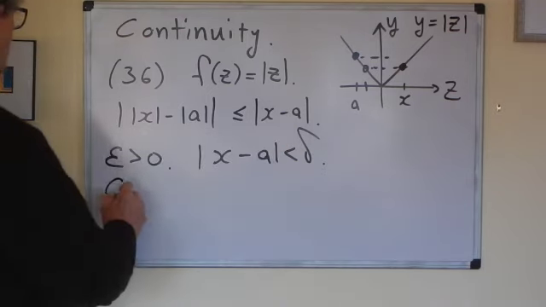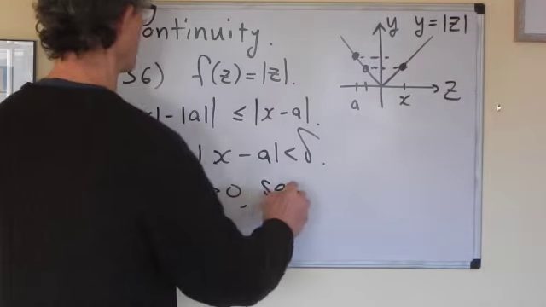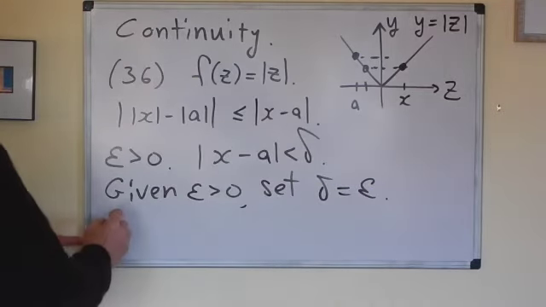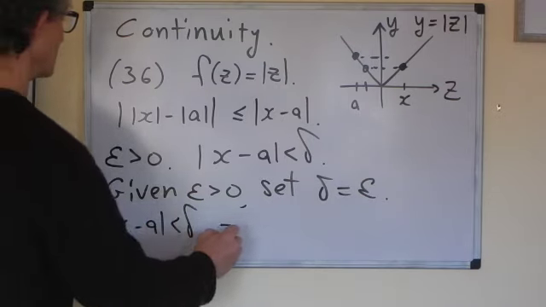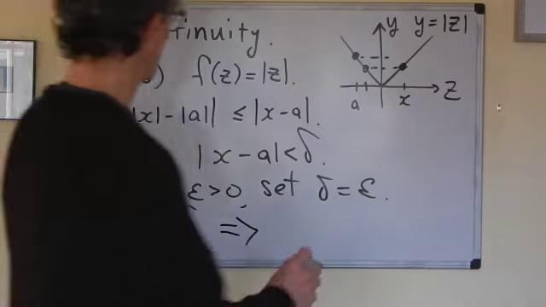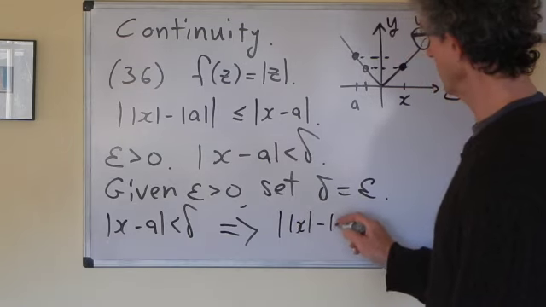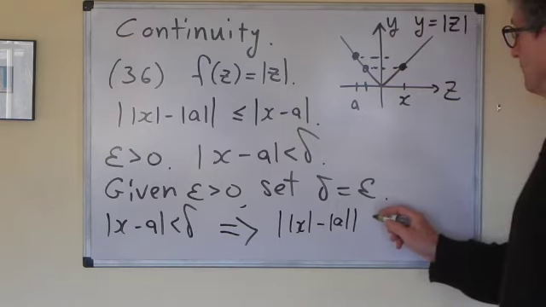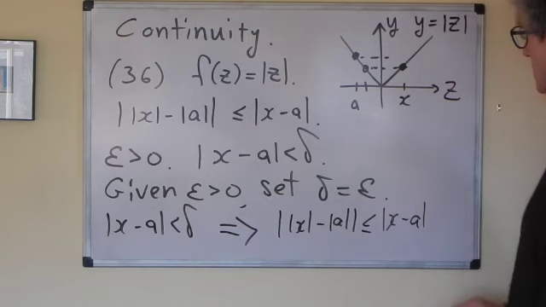And so given epsilon bigger than 0, we set delta equal to epsilon, and then the absolute value of x minus A less than delta implies that the distance between the absolute value of x and the absolute value of A is less than or equal to the distance between x and A, and that is less than delta.